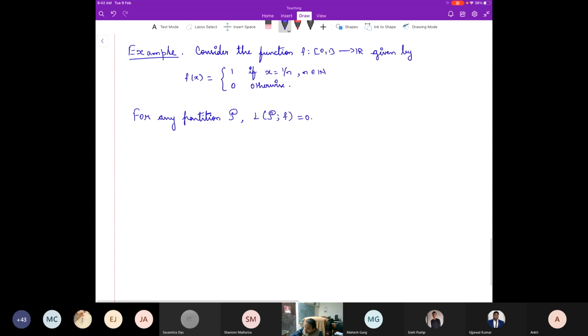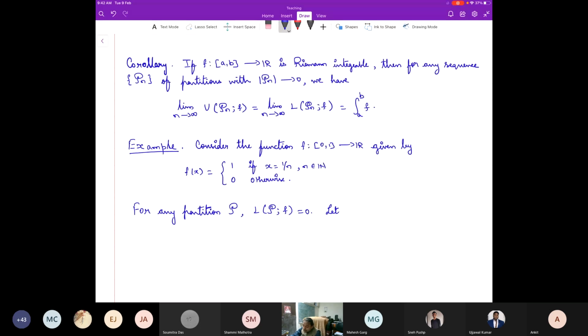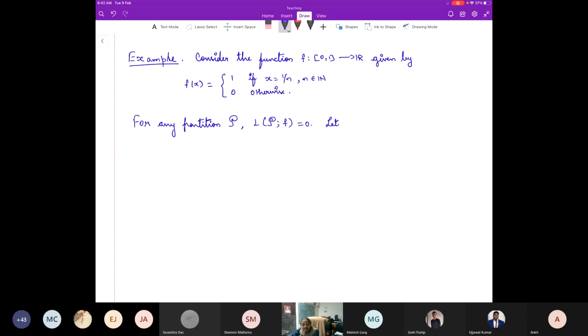Well, somehow we need to use the characterization. If we know that the function is Riemann integrable, then you can use this, but we do not know whether it is Riemann integrable or not. That part we'll have to take care of.